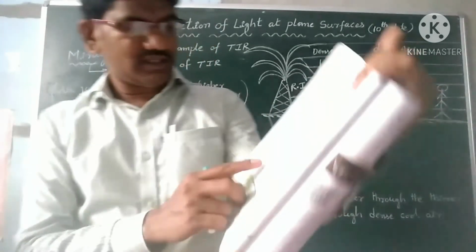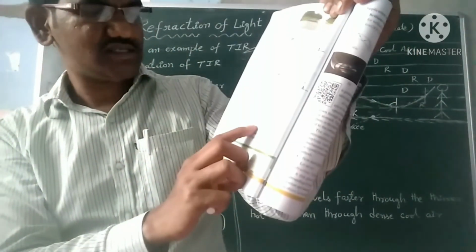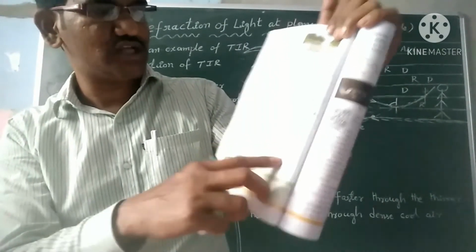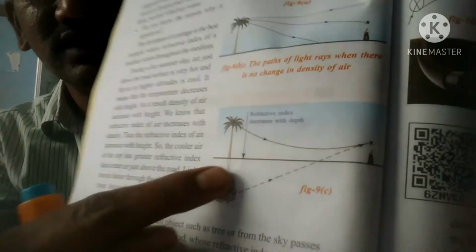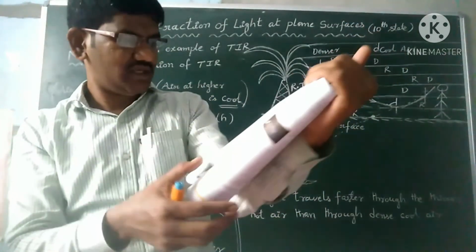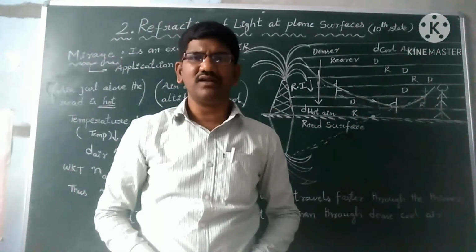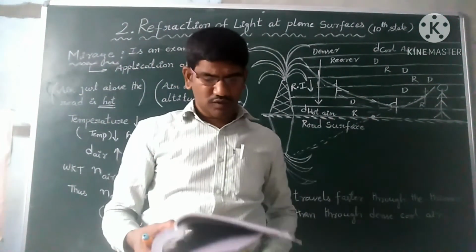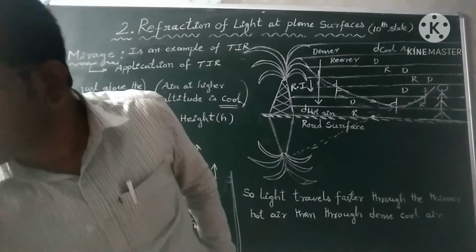So the refracted light reaches the observer in a direction as shown in the figure, in this direction, my dear students. This appears to the observer as a reflected ray reaching from the ground, and hence we feel the illusion of water being present on the road.